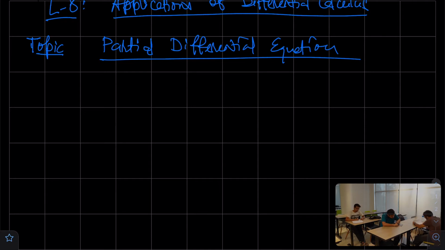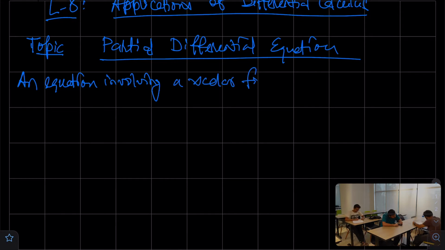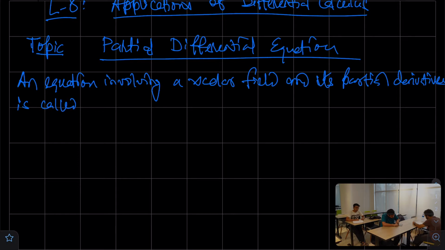So an equation involving a scalar field and its partial derivatives is called a partial differential equation.